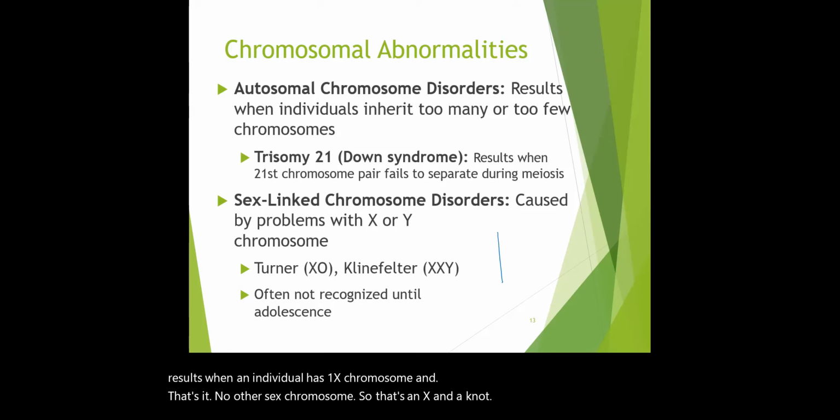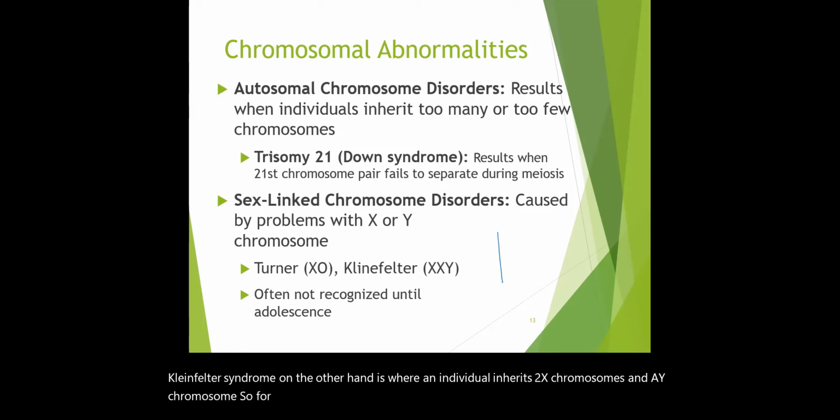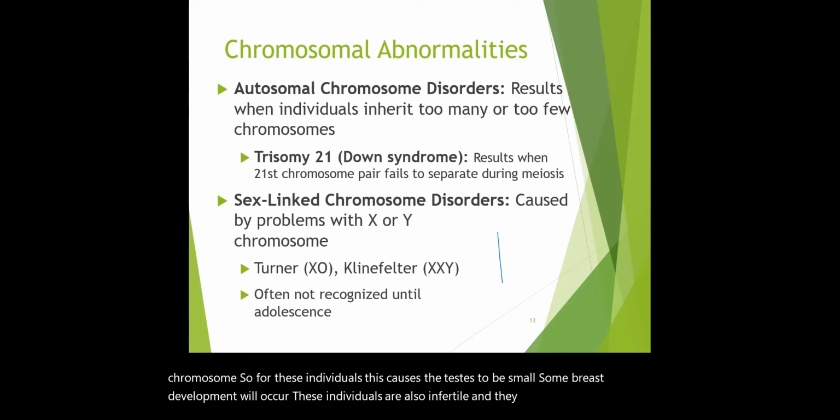Klinefelter syndrome, on the other hand, is where an individual inherits two X chromosomes and a Y chromosome. So for these individuals, this causes the testes to be small. Some breast development will occur. These individuals are also infertile, and they experience low levels of testosterone.